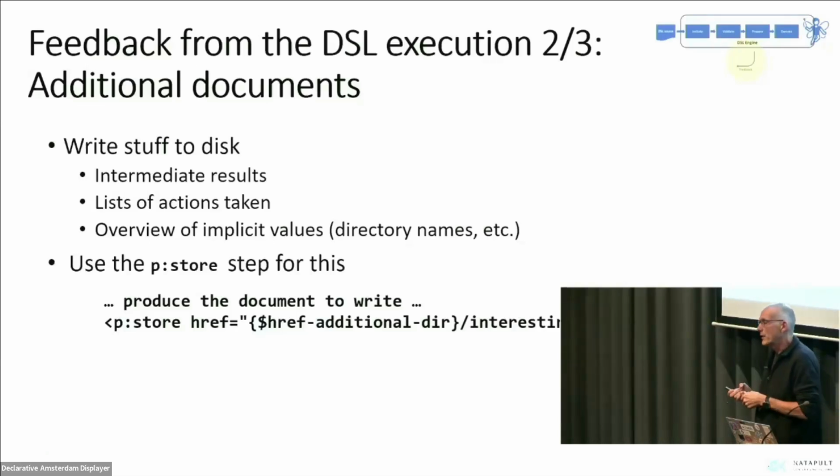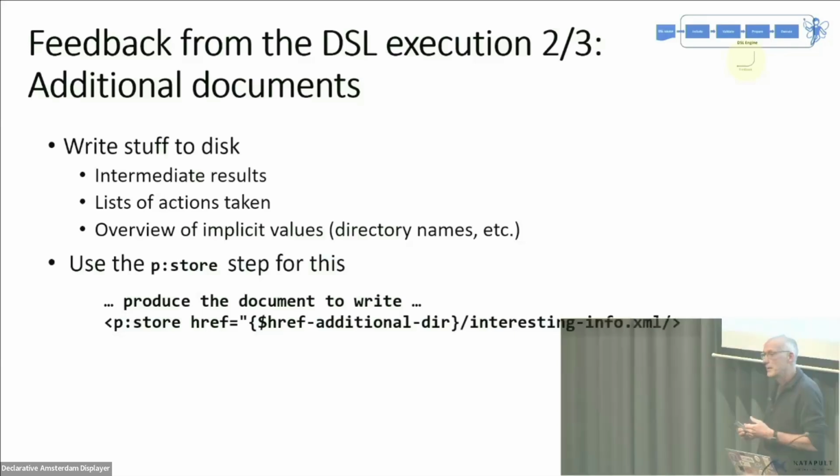There's a second way of providing feedback, which is writing additional documents to your disk. You will probably want to write a document after you processed all includes back to your disk just for inspection. Is it correct? Am I okay with this? But maybe there are other things you want to write to your disk.